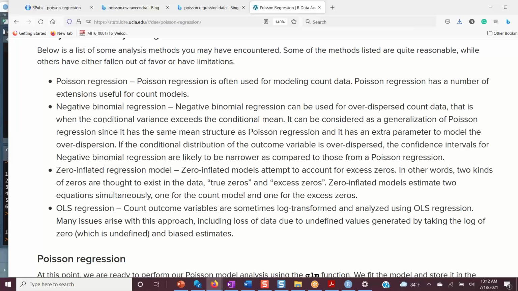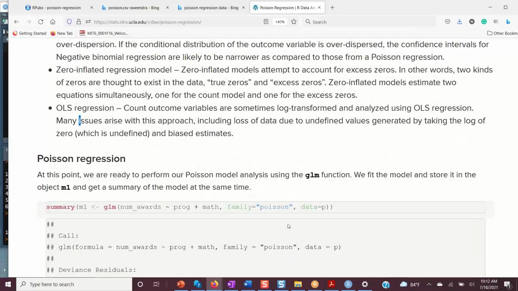Negative binomial, which handles over-dispersion, and sometimes a model called zero inflated regression model, and OLS also. You can do all those things in the GLM, okay?